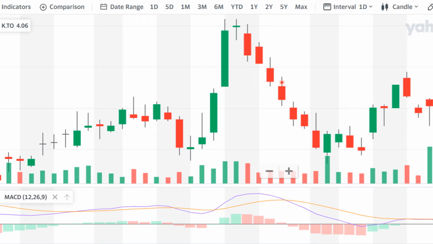And if it shows up at the highest point of an uptrend, like here, or at the lowest point of a downtrend, like here, it could be a signal that the trend might reverse.